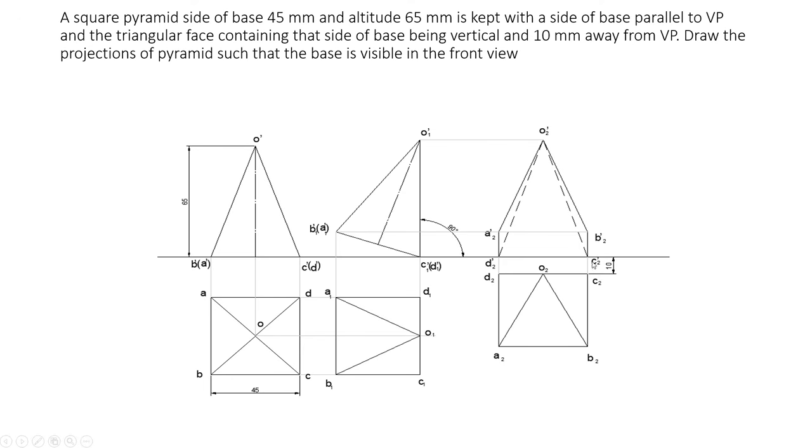Now complete that triangle and the other lines also. The lines O2 dash D2 dash and O2 dash C2 dash, that is actually OD and OC, are invisible in front view because they are behind this face. So you have to use dotted lines to represent them.